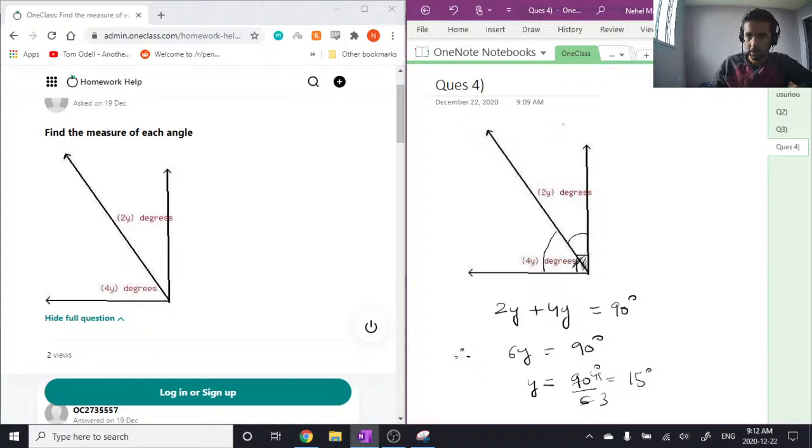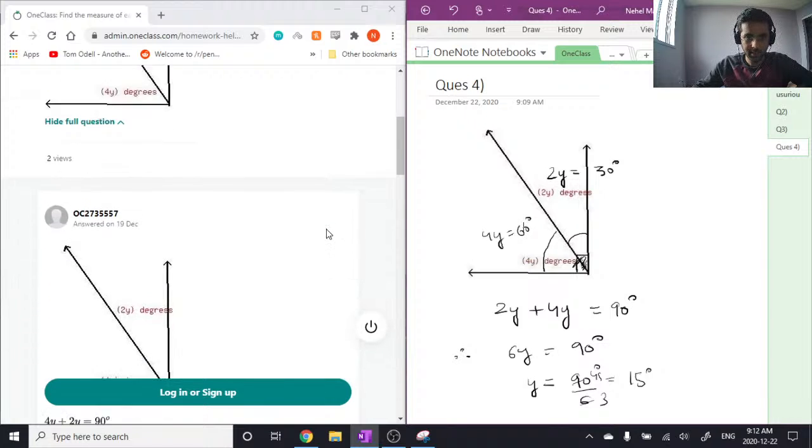So therefore, we can say that 2y is equal to 30 degrees, and then 4y is equal to 60 degrees. So the final answer in this case should be 30 and 60, not the y variable which we solved for, which we got to be 15. So just be careful here. Make sure you read the question when you're answering these, and you should be all set.